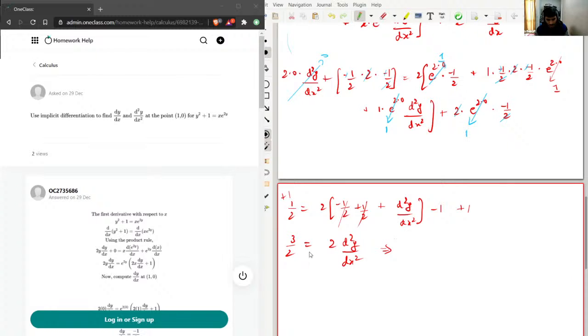Just divide both the sides with 2, and this will become 3 over 4. So this should be the answer given here. So finally we have also completed the second part. For the first part, dy by dx was negative 1 over 2 and d square y by dx square is 3 over 4.